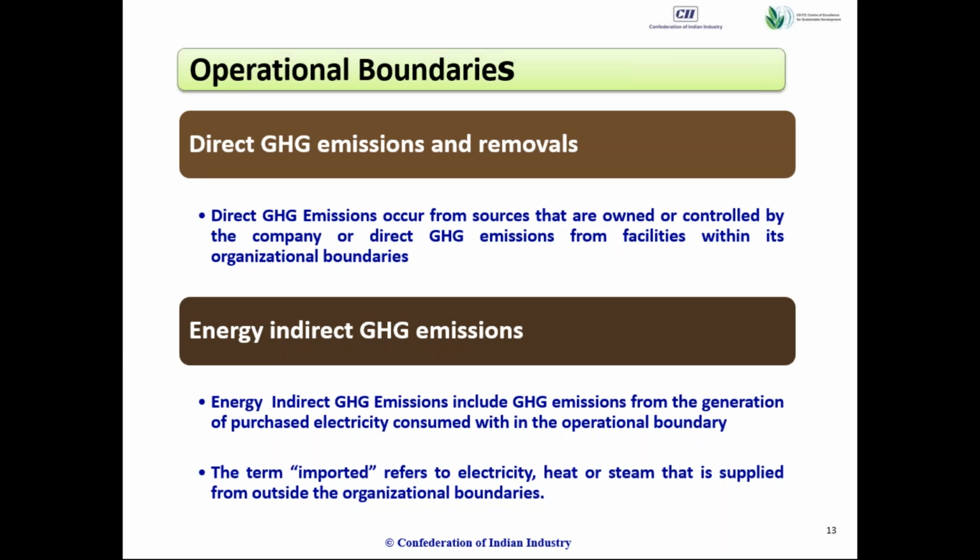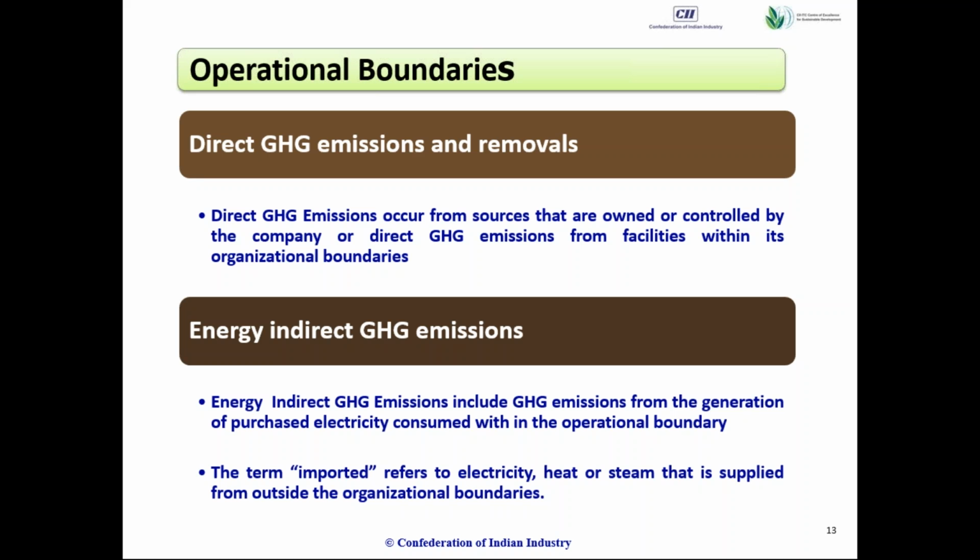The direct GHG emissions, which are referred in ISO 14064, these are called scope 1 emissions in the GHG protocol. The energy indirect GHG emissions in ISO 14064, these are called scope 2 emissions. And other indirect GHG emissions, these are called scope 3 emissions.